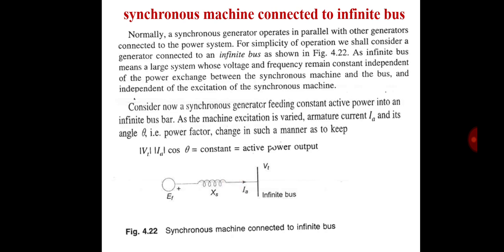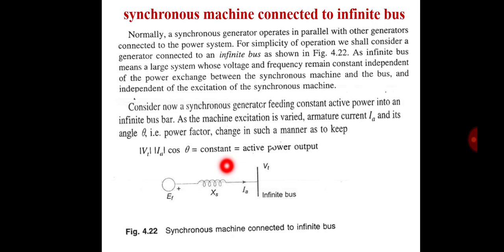Now consider a synchronous generator feeding constant active power into an infinite bus. As the machine excitation is varied, the armature current Ia and angle theta vary, that means the power factor changes in such a manner as to keep the power constant.